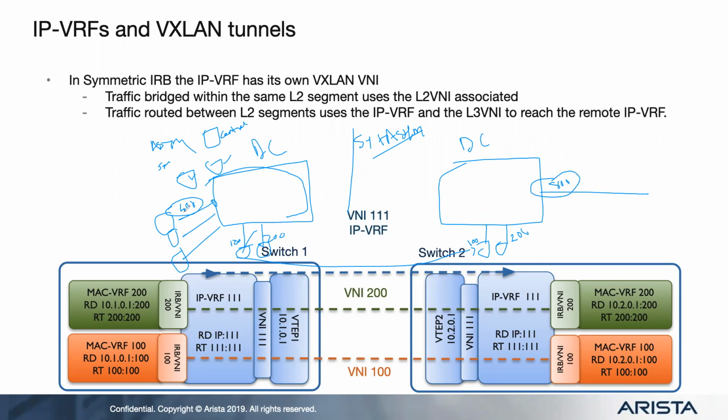When you want to communicate between 400 and 800 in symmetric, you have a common VNI, VRF and VNI, dynamic VLAN, through which you will communicate. But in asymmetric as well, we have to use type 5 to route the packet to the 800 subnet. That's right. That is also possible.